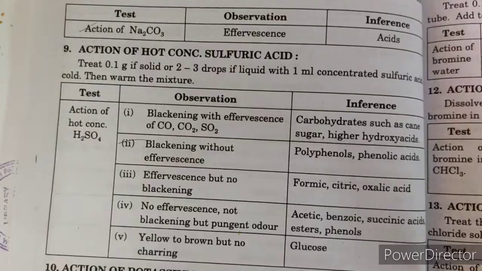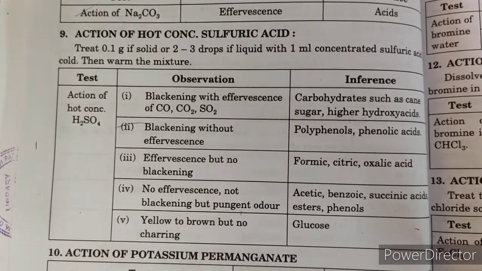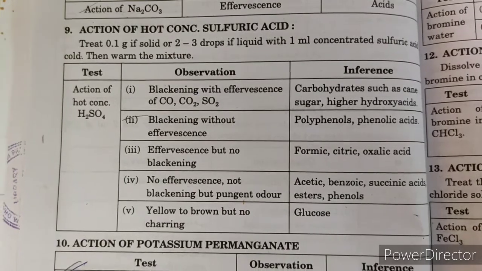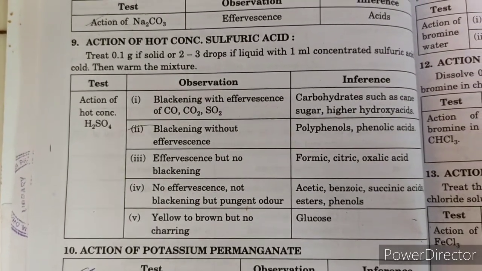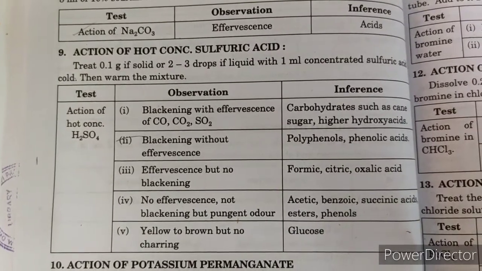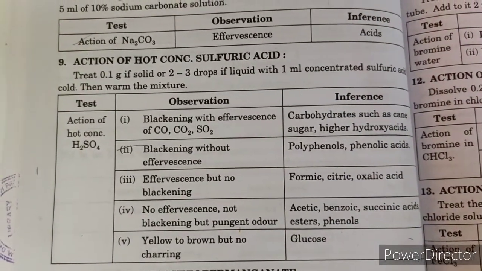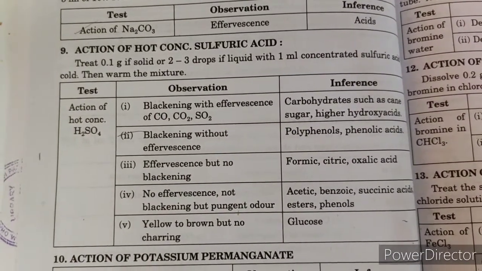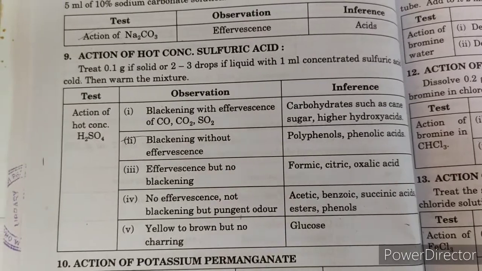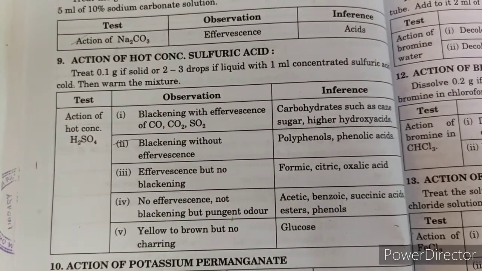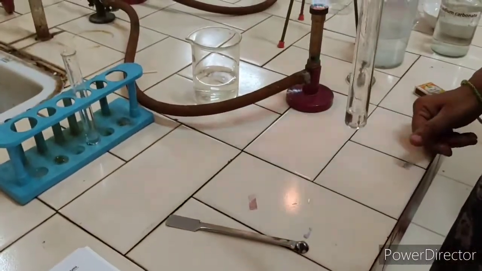The next test is action of hot concentrated sulfuric acid. Again we take a few ml of sample, add concentrated sulfuric acid and observe the color changes, like blackening with effervescence, without effervescence, no blackening, no effervescence, blackening but no effervescence, and yellow to brown cherry. The inference is present. So here I have taken a few ml of sample.